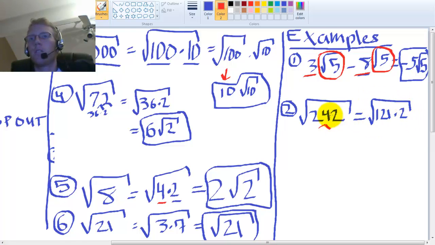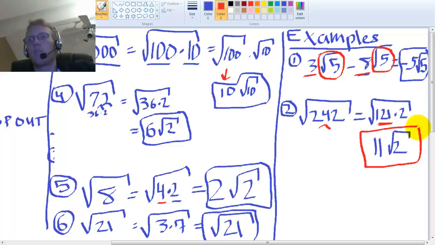So the square root of 242 is the same as the square root of 121 times 2. And this right here, my friends, is a perfect square. The square root of 121 is just 11, but the square root of 2 is trapped. It's not a perfect square, so we can't take it out. So the square root of 242 could be rewritten as 11 root 2.